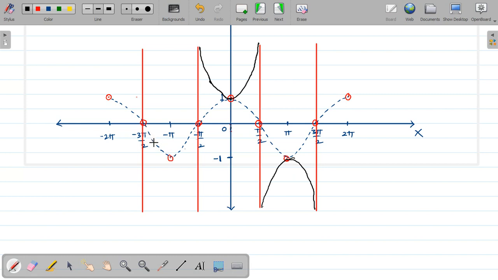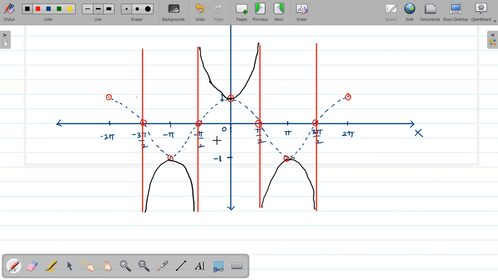See here, cos function is decreasing, and from minus pi to minus pi by 2 cos function is increasing. So with respect to that, we have to draw the graph of sec function like this. It increases from minus 3 pi by 2 to minus pi, and it decreases from minus pi to minus pi by 2 like this. Okay.